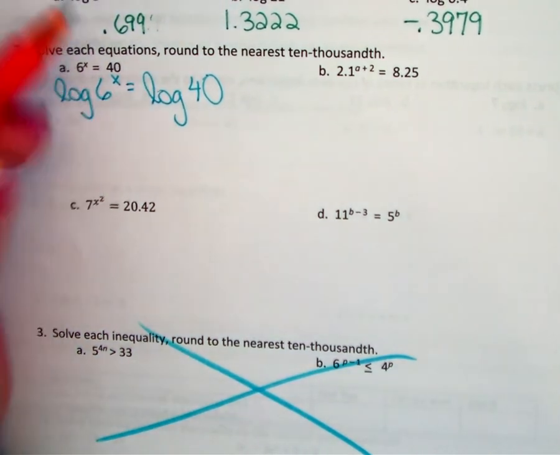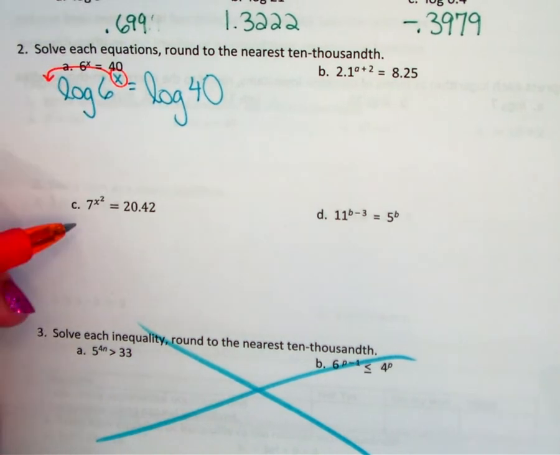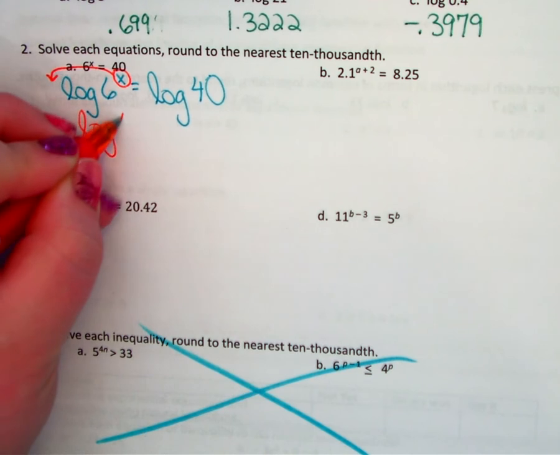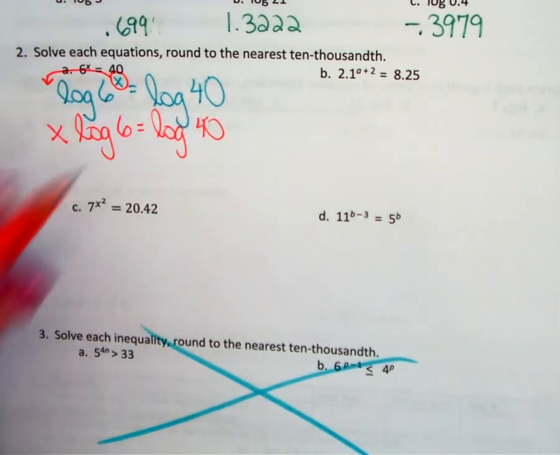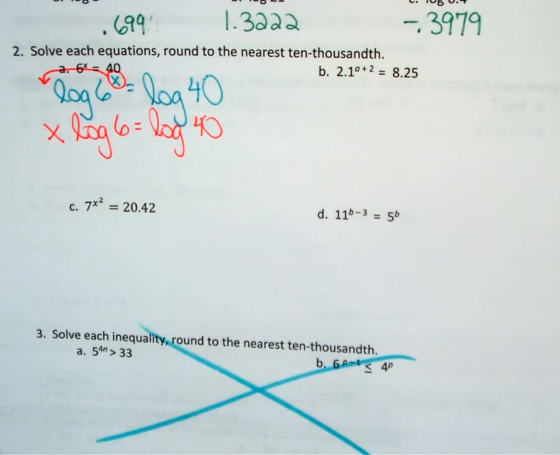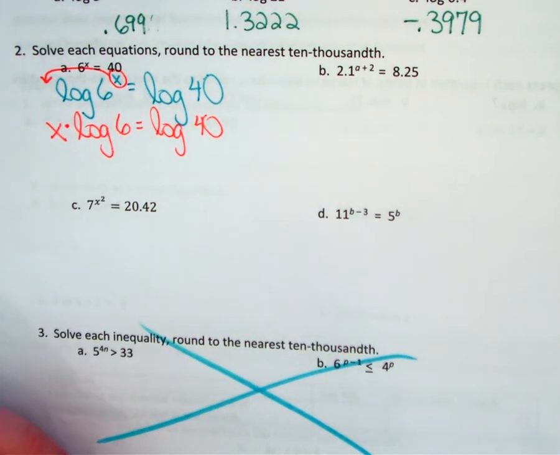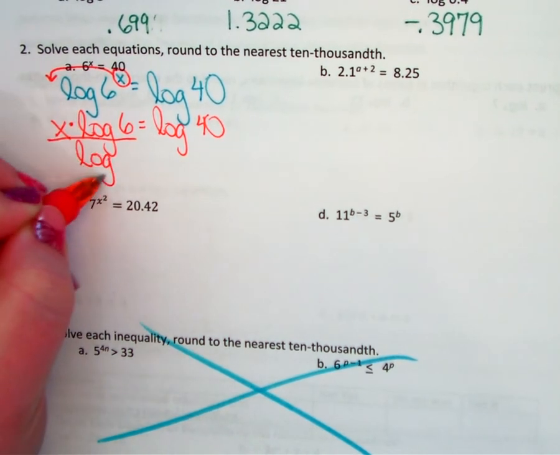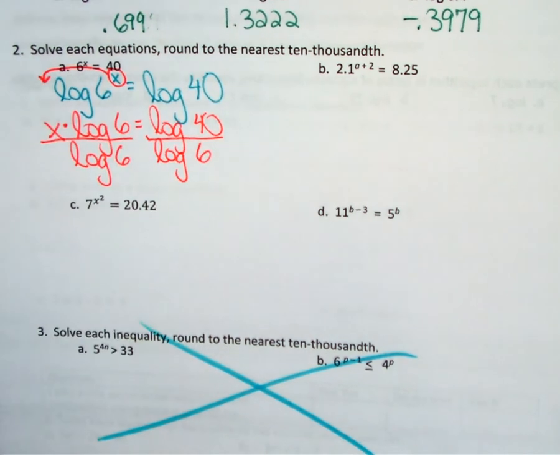The power property says that that x, because it's an exponent, gets to be moved in front. So I have x times log of 6, log of 40. And this is really x times log of 6. So if I want to get x by itself, I just need to divide by log of 6 on both sides.